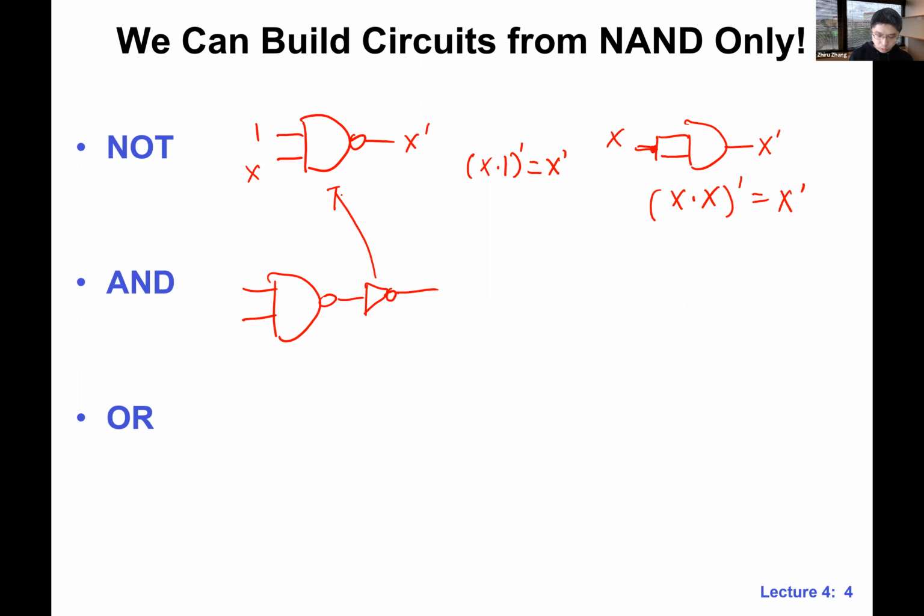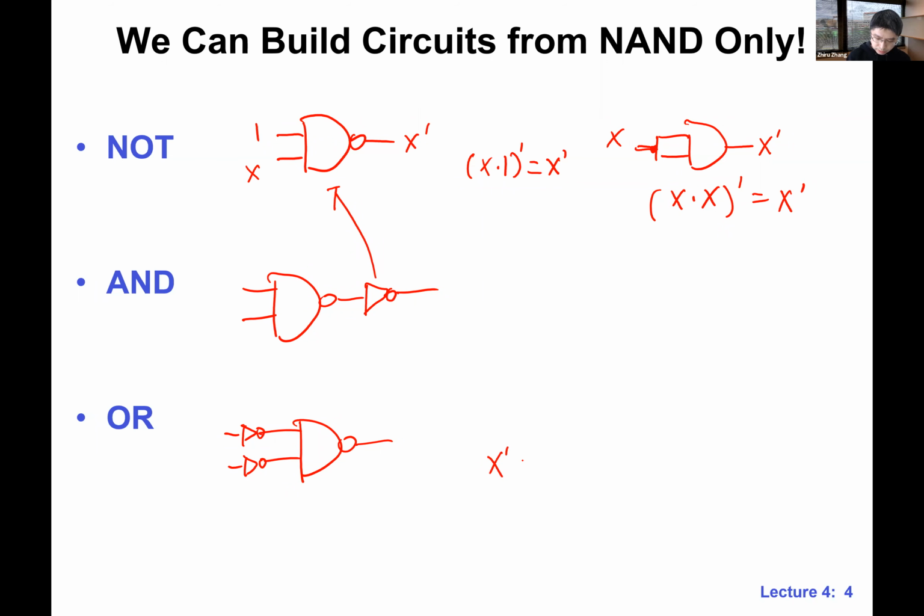Okay, how about the OR gate? What do we do? Yes, so just check out the chat window, right? There are already very good ideas on the chat window. So we invert those inputs, right? Okay. So what is this?